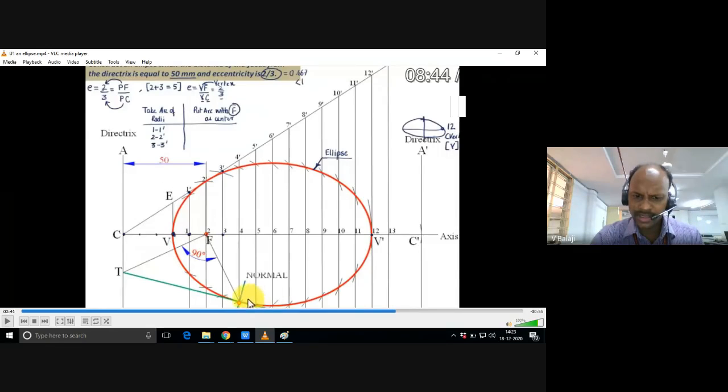Take your mini drafter or protractor and draw a perpendicular to the tangent, and you will get the normal. So anywhere on the elliptical curve, you can select one point, and at that point you can draw the normal and tangent with the same procedure, right?